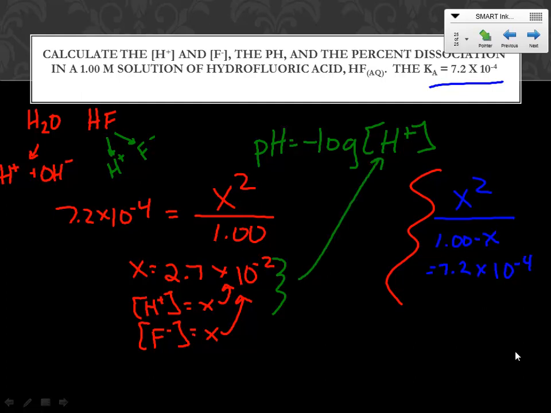So we can plug that in, and we can then calculate a pH of, let's see, well, I'm not finding it, so I'll let you calculate the pH.